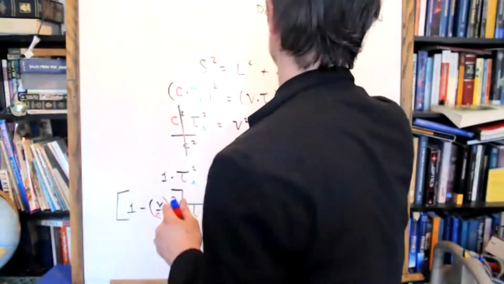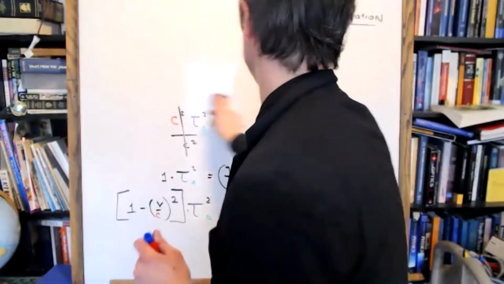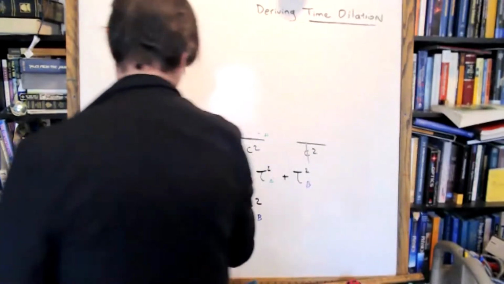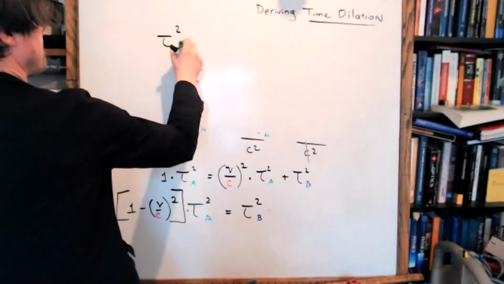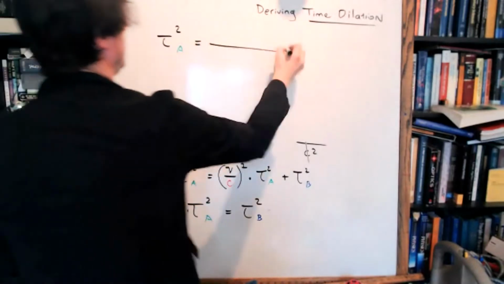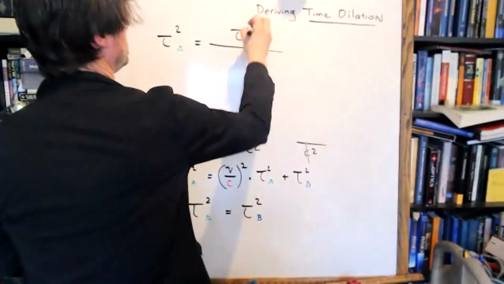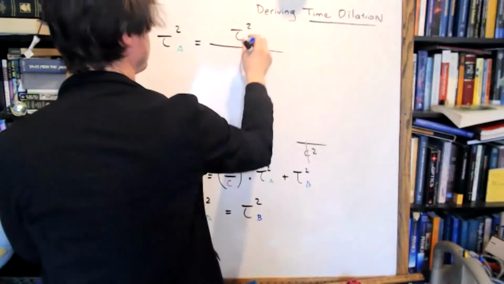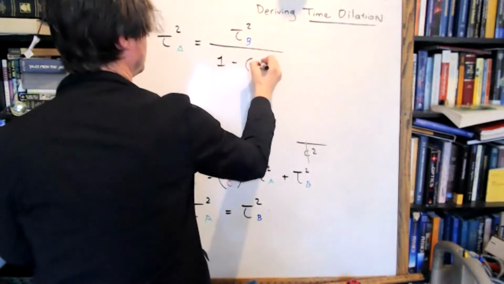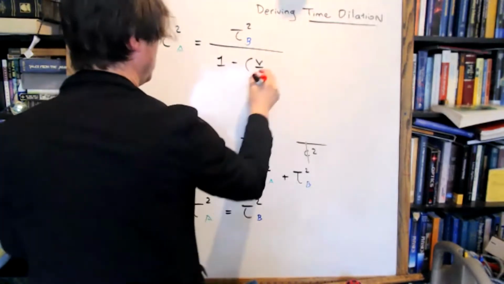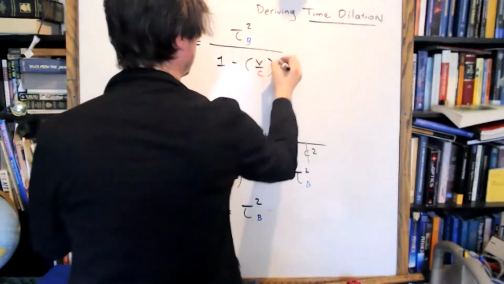And I'm going to write ta squared is equal to tb squared divided by 1 minus v over c squared.